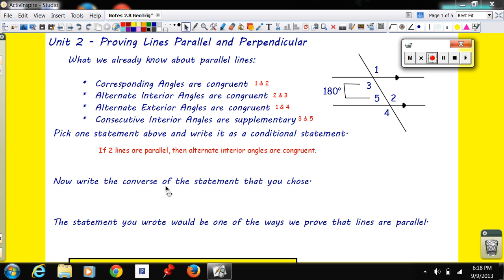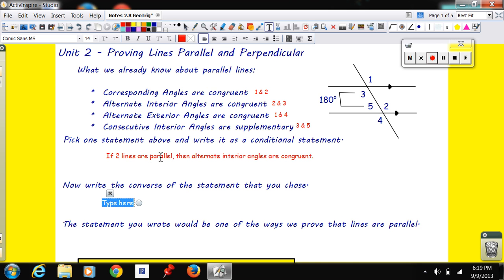Alright, now we want to write the converse of the statement that we chose. So the converse would be what I wrote initially. It's if alternate interior angles are congruent, then the lines are parallel.